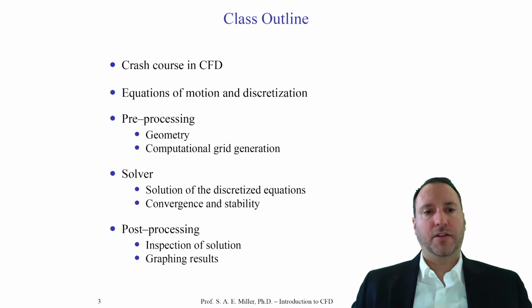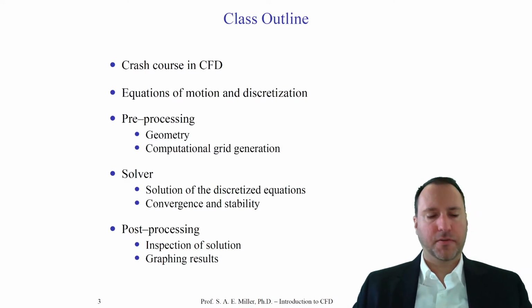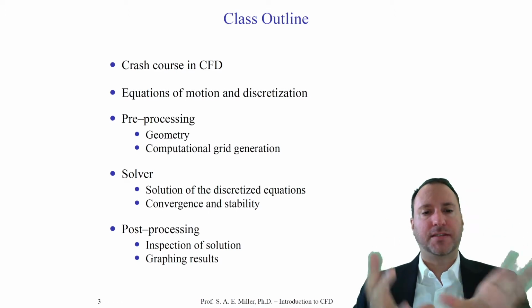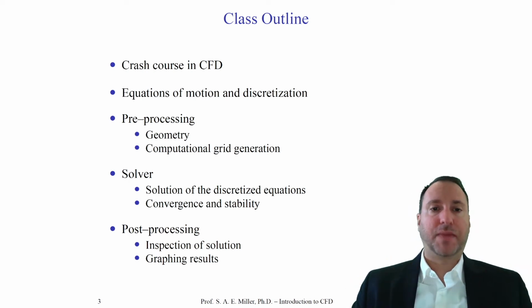Then we'll look in a little more detail, with some visualizations, at the three major steps of CFD: the pre-process, the solver, and the post-processor. In particular, we're looking at geometry and computational grid generation. What are those two things in the pre-process phase? Of course, geometry represents something about the fluid domain. It might be in 1 dimension, 2 dimensions, 3 dimensions, and it could be in something like a space-time.